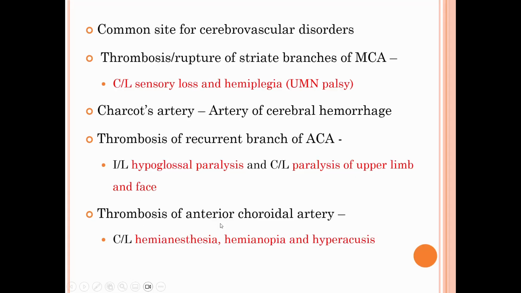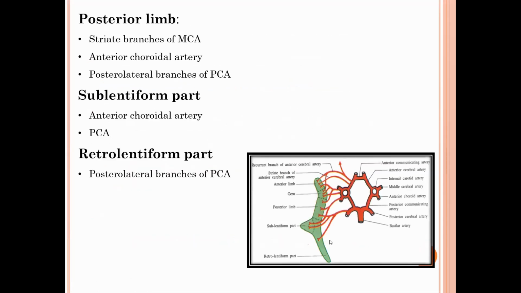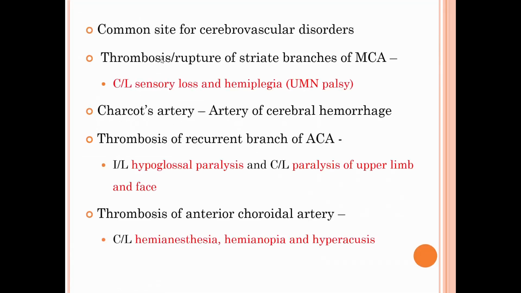And if there is thrombosis of the anterior choroidal artery, there will be contralateral hemianesthesia, hemianopia and hyperacusis. Okay, because the anterior choroidal artery is supplying the sublentiform part and also the posterior limb.